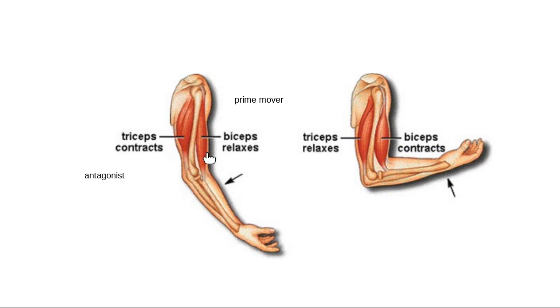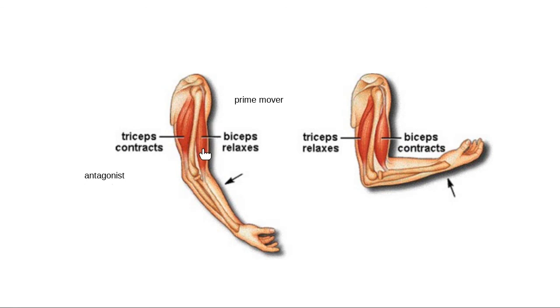So in this case, the biceps helps you to do the process of flexion, bringing something forward, bringing it closer together. The triceps do the opposite of flexion. The triceps do the process of extension, bringing your arms straight back. So we would say that these muscles are antagonists to each other. They do the opposite functions.